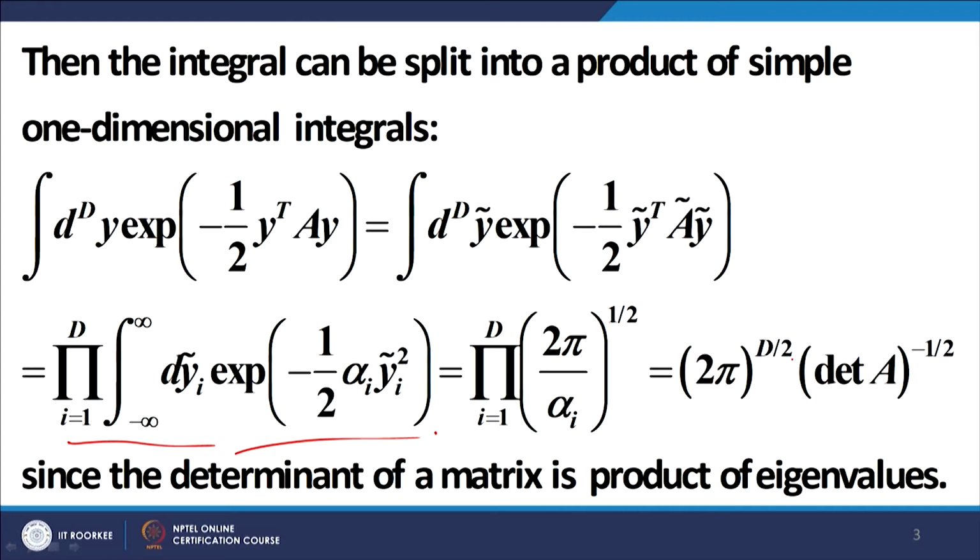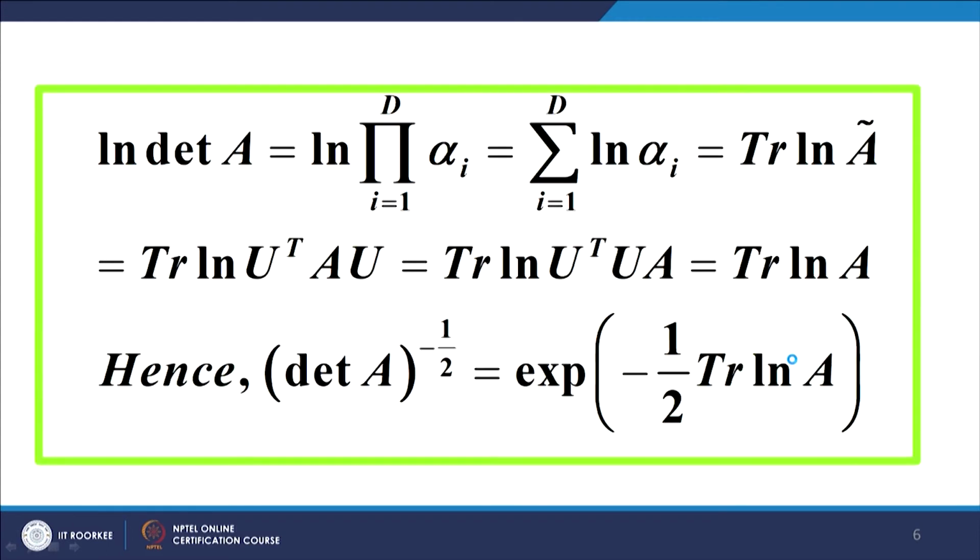So, there is a lot of manipulation here, but it is a very important result, and it displays many important relationships in matrix algebra, which we have to use again and again.